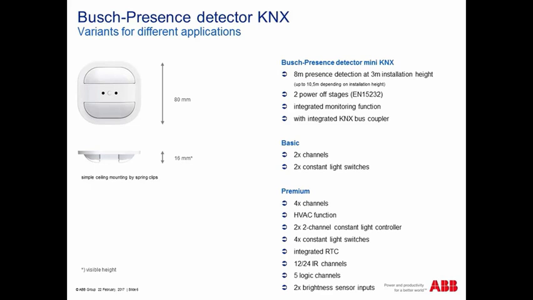That means you can use it in combination with a dimmer, and you say, okay, I want a constant illumination of 400 lux, so it is able to control and hold it in combination with a dimmer to exactly plus minus 400 lux. 2 by 2 channels means you can also use this in an application in a classroom, for instance, where you have 2 light circuits to control them independently.